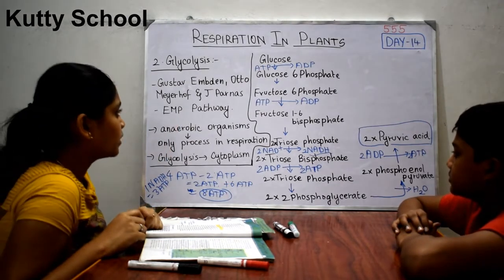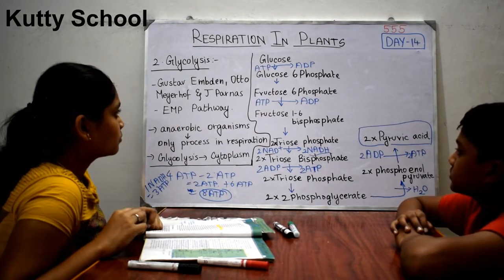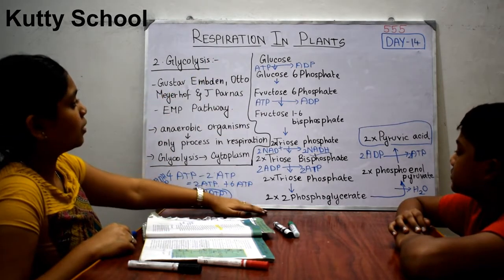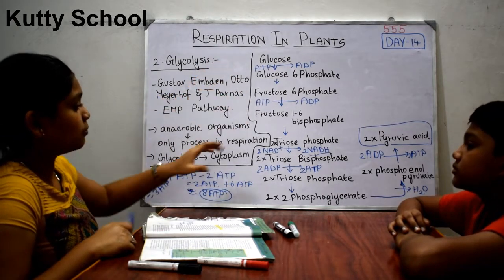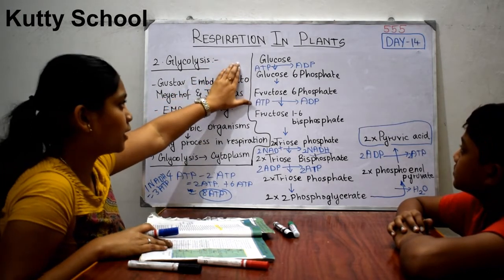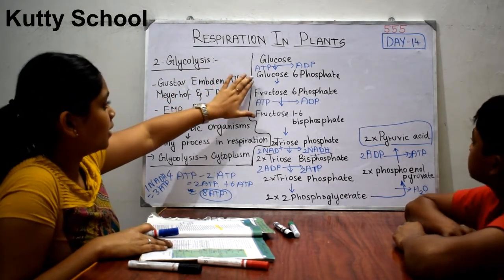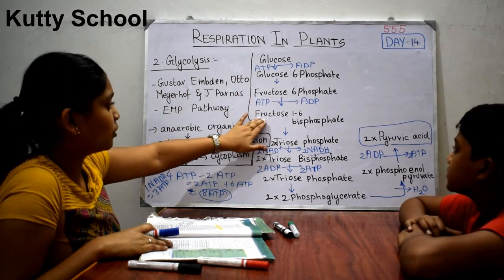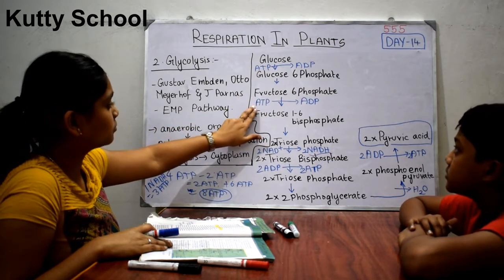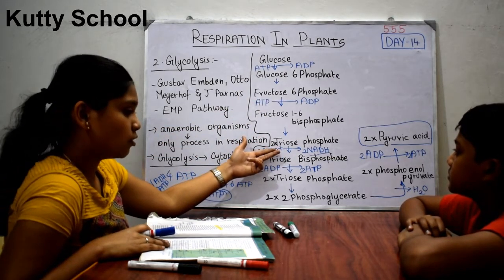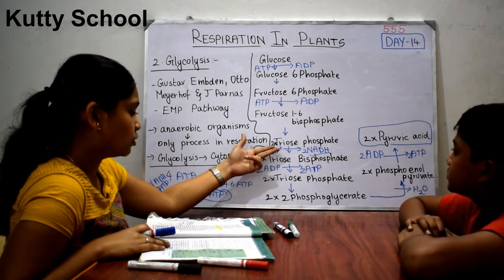Can you understand this pathway? These products are very important, and wherever ATP is produced is very important. Glucose to glucose 6-phosphate, 1 ATP is utilized, then fructose 6-phosphate. From fructose 6-phosphate to fructose 1,6-bisphosphate, 1 ATP utilized. Then 2 into triose phosphate, where dihydroxyacetone phosphate and glyceraldehyde phosphate are formed.